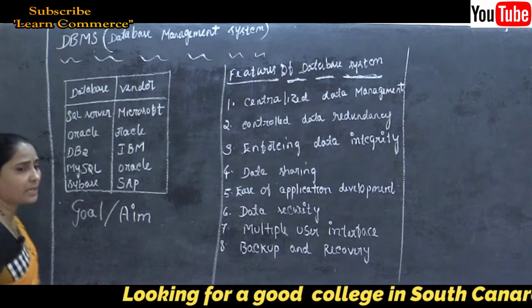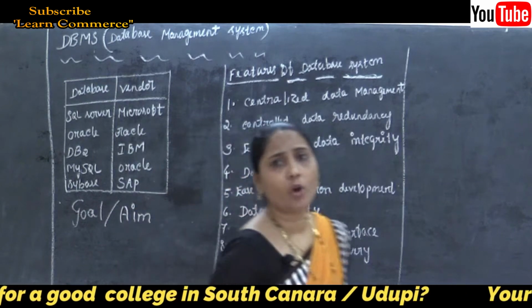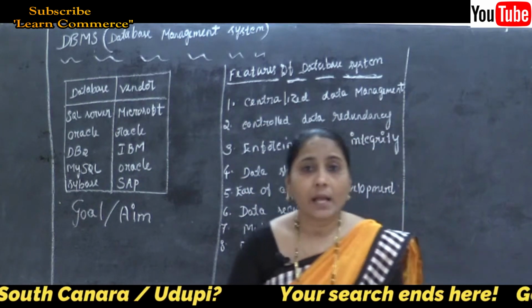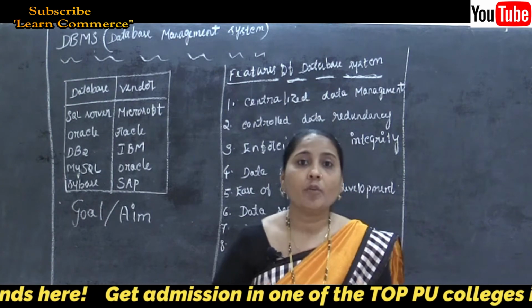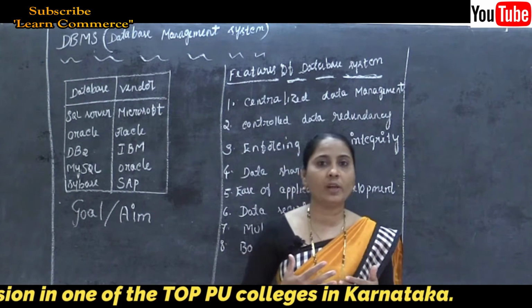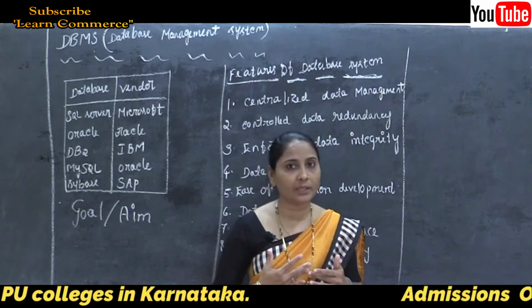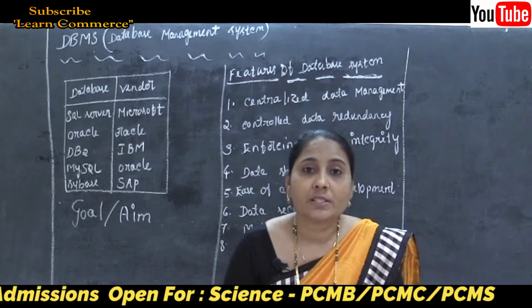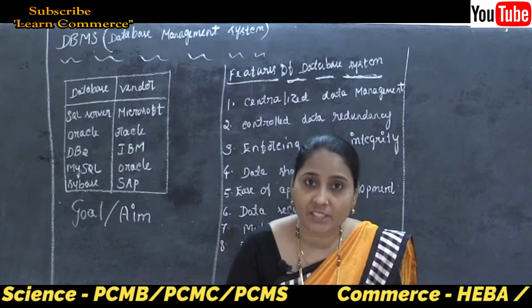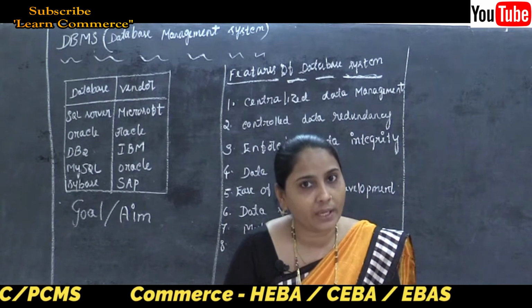We can say that the primary goal or aim of the database is to store information. First of all, before you can access any data of the database, we need to store the information. So it provides a way to store information.